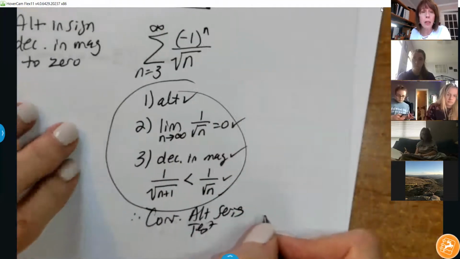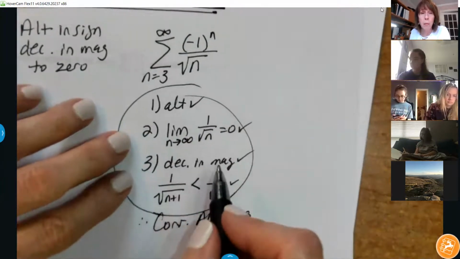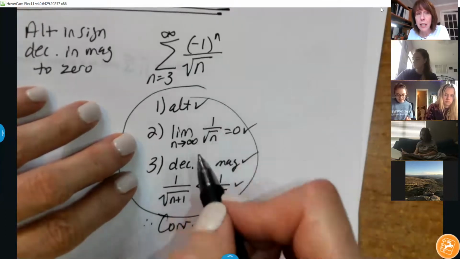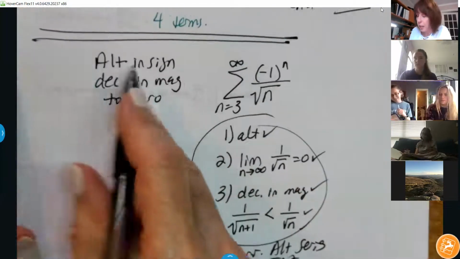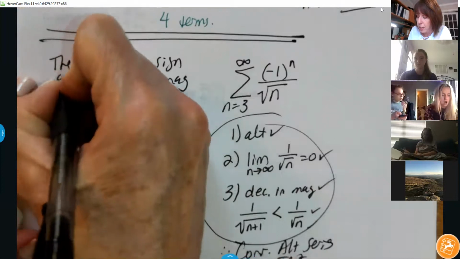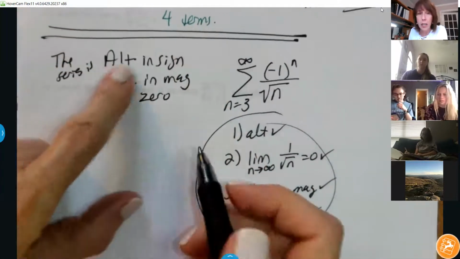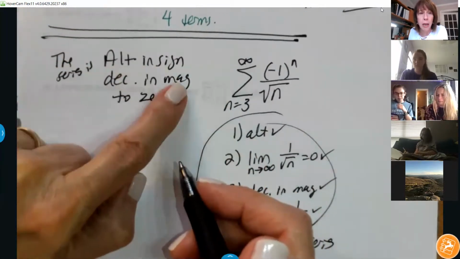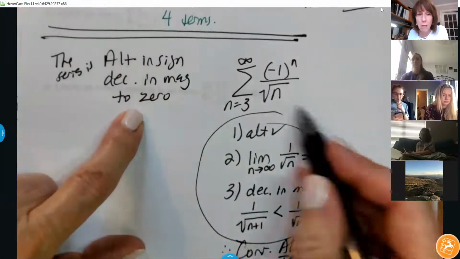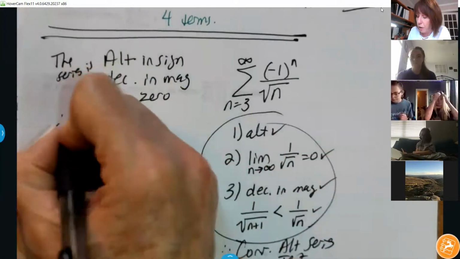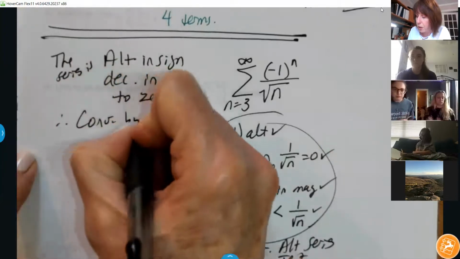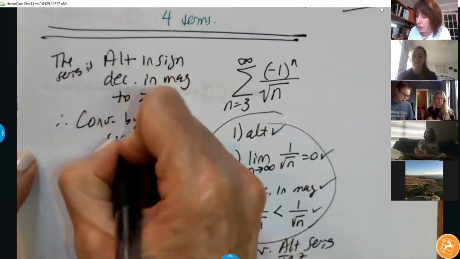Okay, and that's fine, but it means the same thing to say the series is alternating in sign and decreasing in magnitude to 0. It means the same thing. Therefore, converges by alternating series test.